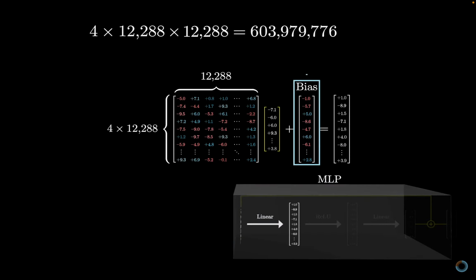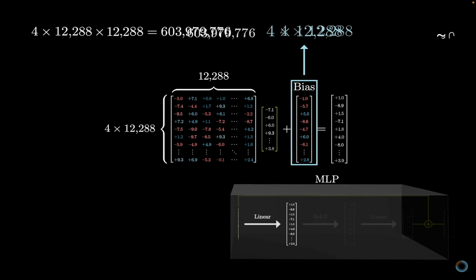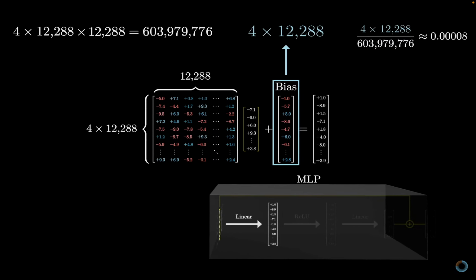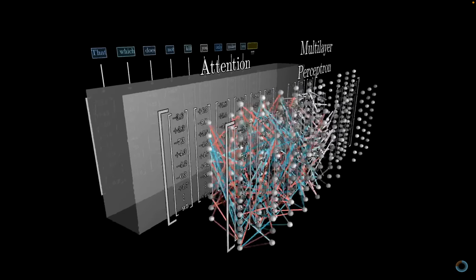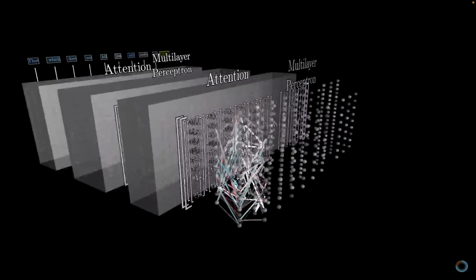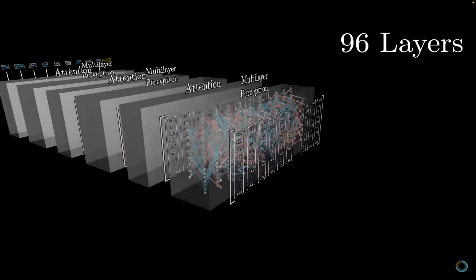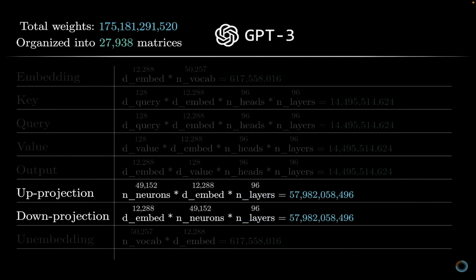The bias vector also accounts for a couple more parameters, but it's a trivial proportion of the total, so I'm not even going to show it. In GPT-3, this sequence of embedding vectors flows through not 1, but 96 distinct MLPs, so the total number of parameters devoted to all of these blocks adds up to about 116 billion.